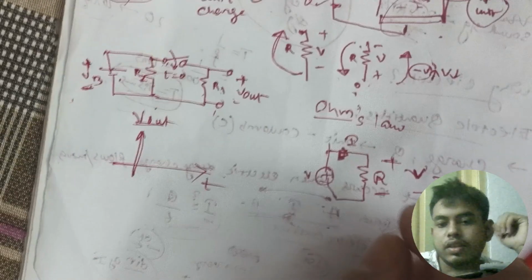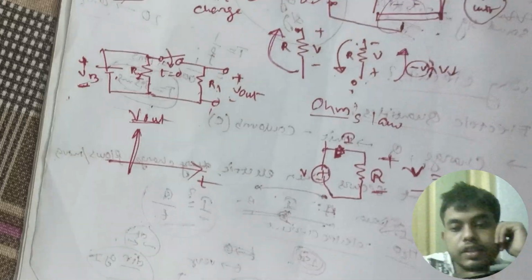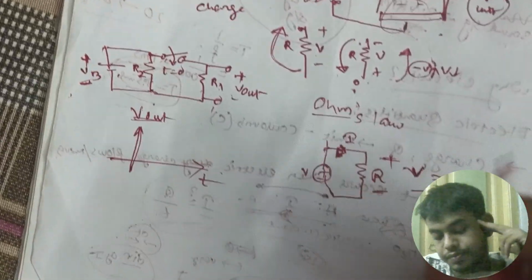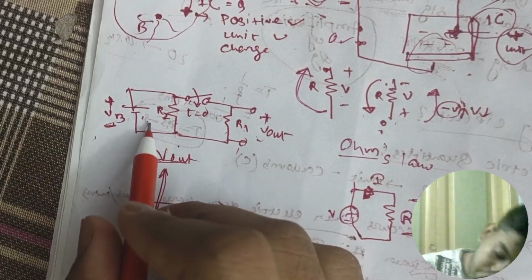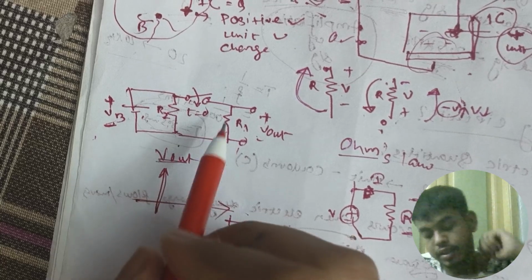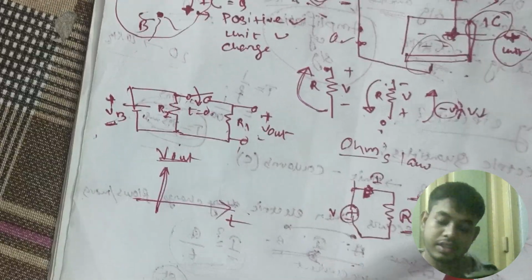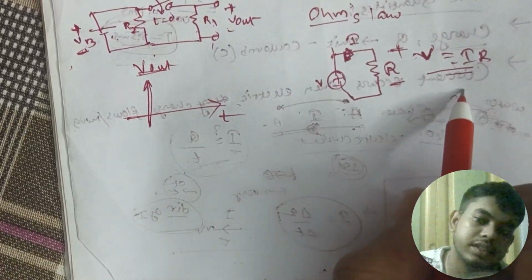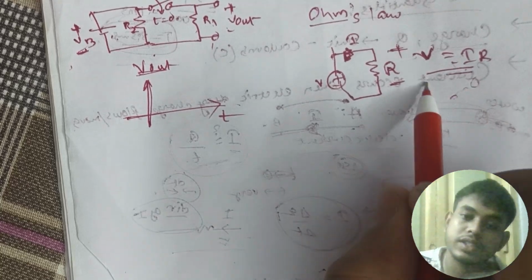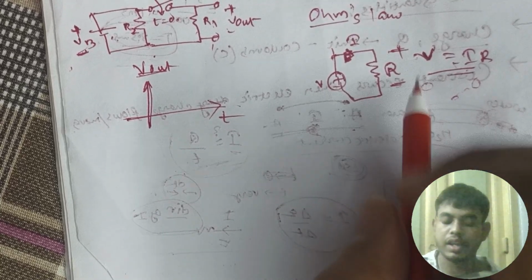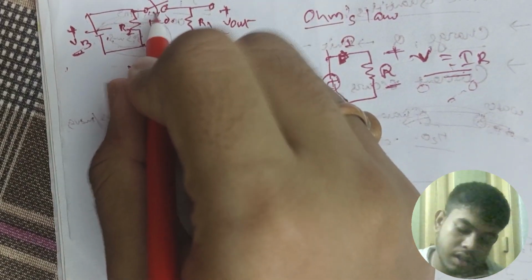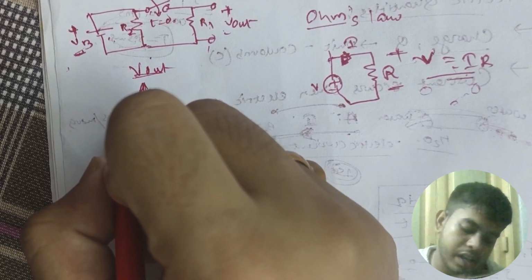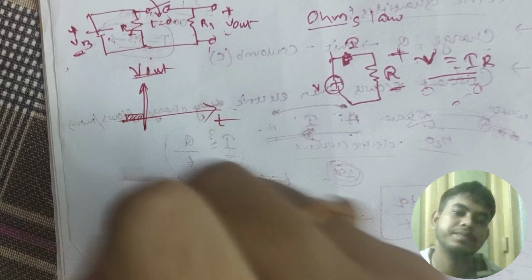So now what you will see is that if there is no current, the voltage is also zero. When the switch is not closed, before t equals 0, the current is 0.